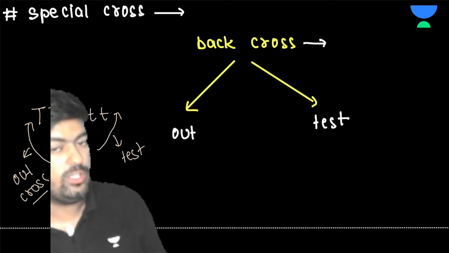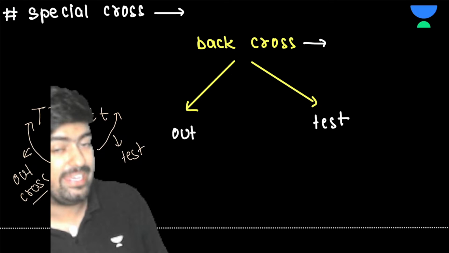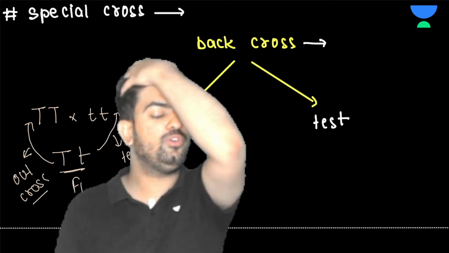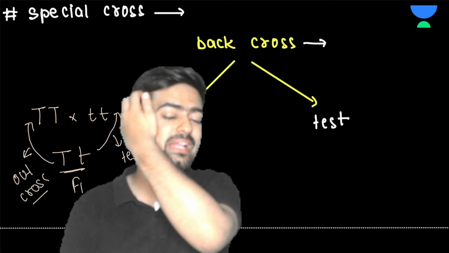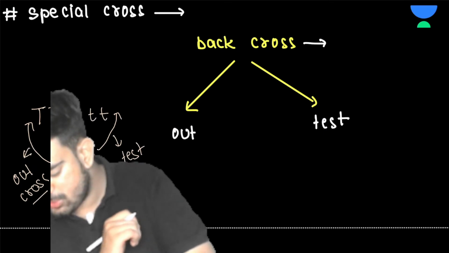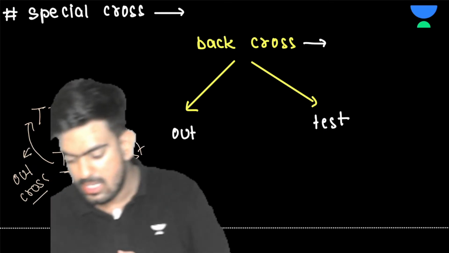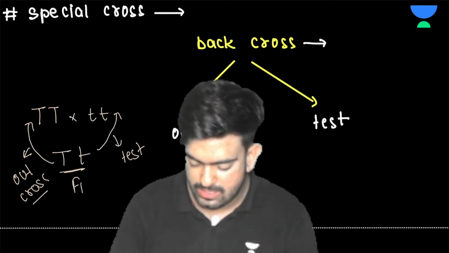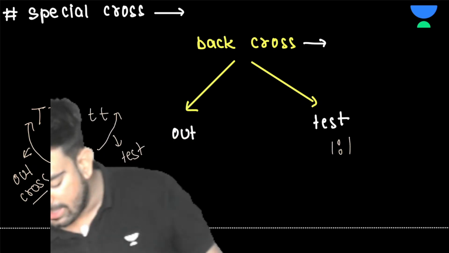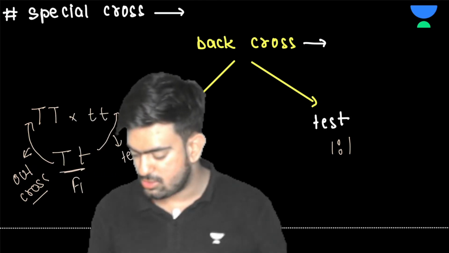Test cross is crossing the F1 individual with the recessive parent. Is it clear to everyone? This is what we mean by back cross, which is of two types, out cross and test cross. Just remember that in test cross, the ratio is always 1:1.